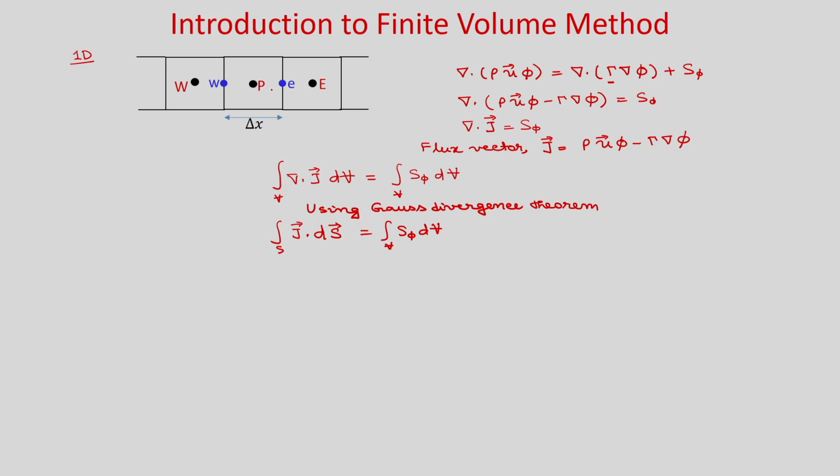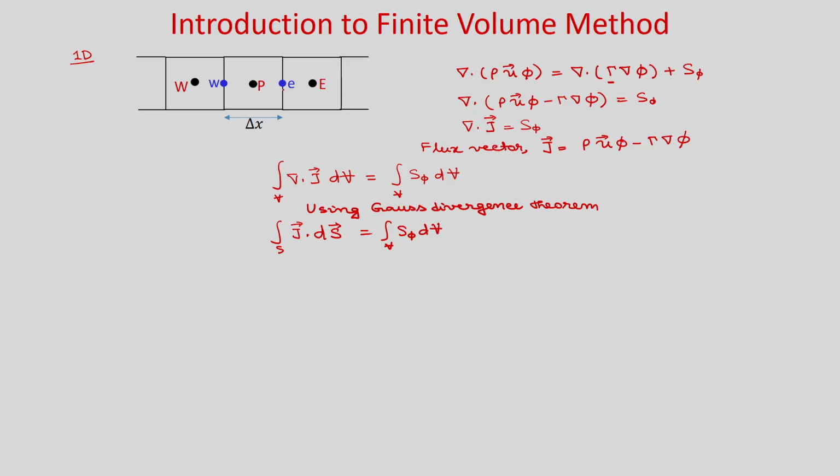So, we have two surfaces in 1D, east and west. So, we need to integrate this flux vector along these surfaces, east and west, in the one dimensional case. Now, you can see that small e, this face, is shared by P and E. Okay.